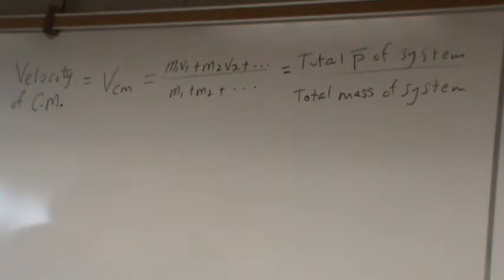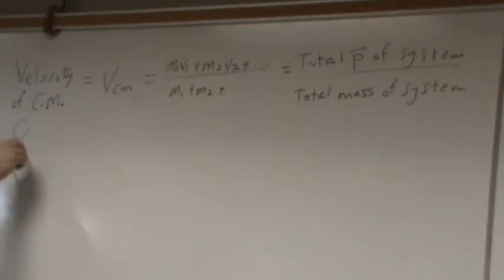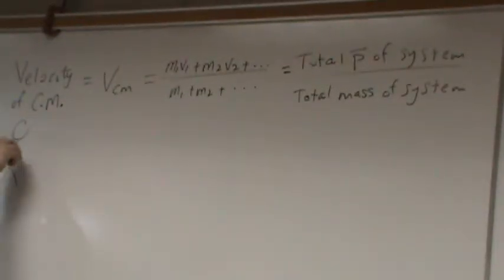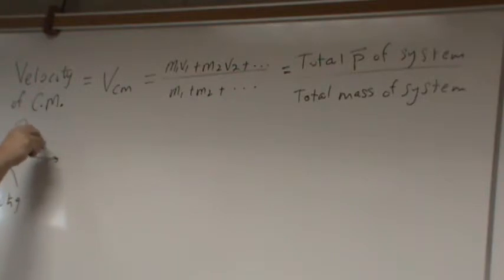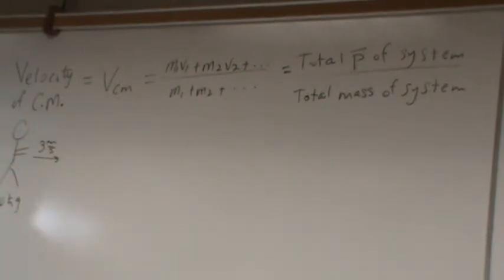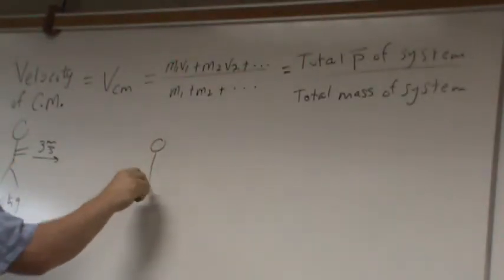Okay, let's do a problem using this formula. Suppose I've got here an ice skater. He's a 100 kilogram ice skater. He's going in this direction at 3 meters per second. I've got an ice skater over here.